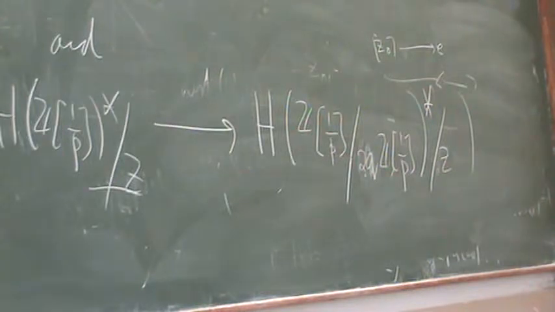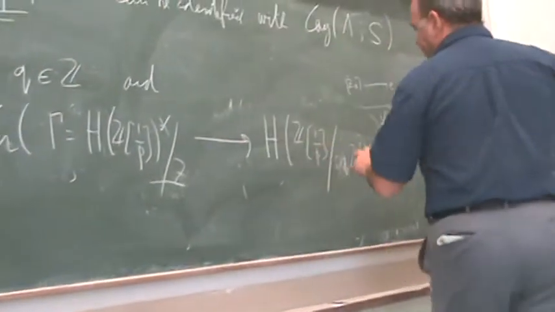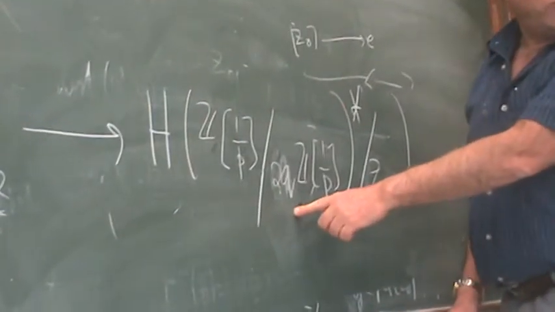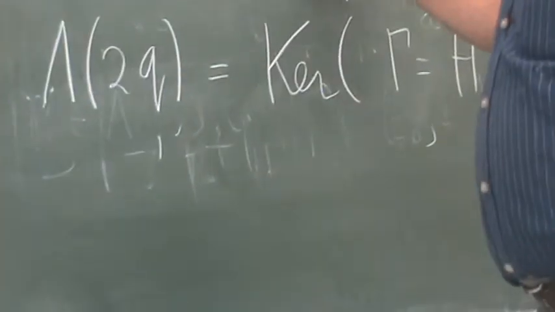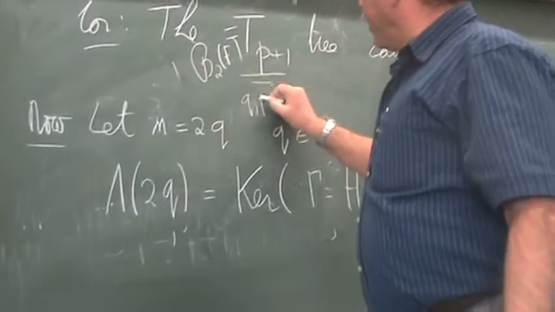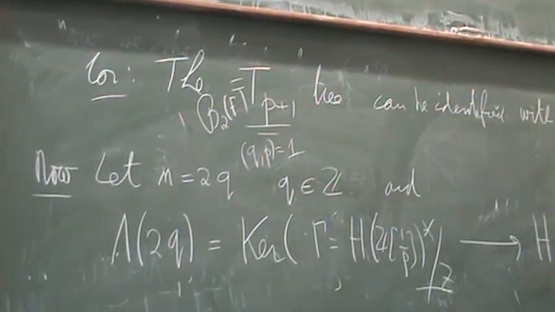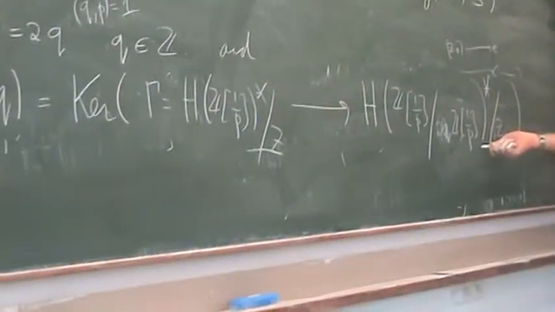Okay? So I have here a normal subgroup of gamma. So this is by definition, right? It's a kernel. Now this is a finite ring. If I take this ring divided by 2q, let's assume that q is prime to p. I'm getting here a normal subgroup.